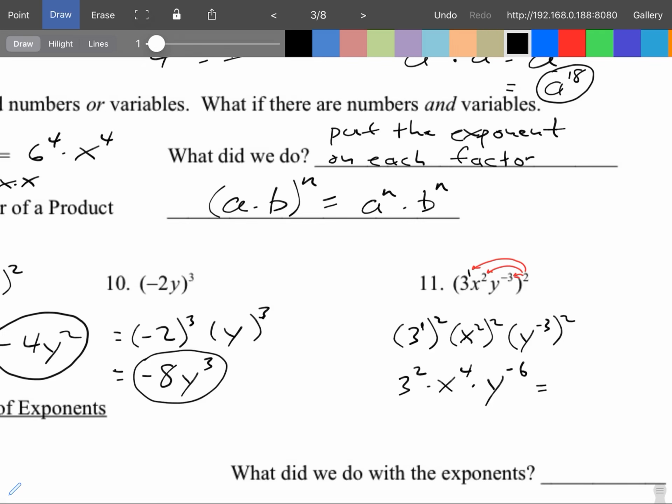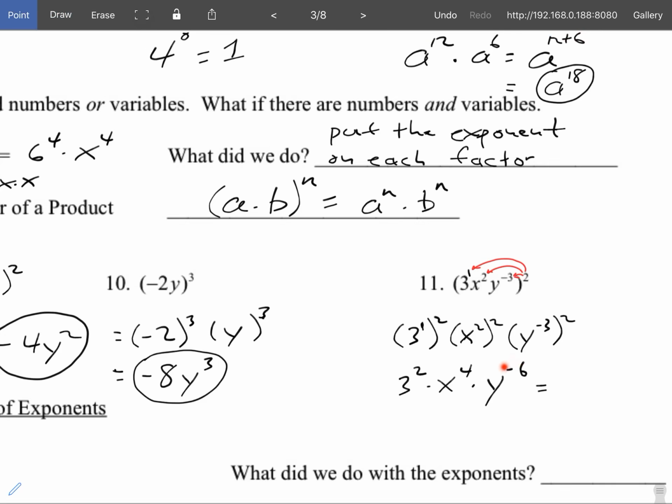All right. Now we're not quite done, because if you remember Monday's lesson, what do we like to do when the power is negative? In other words, we can't leave a negative exponent in our answer.